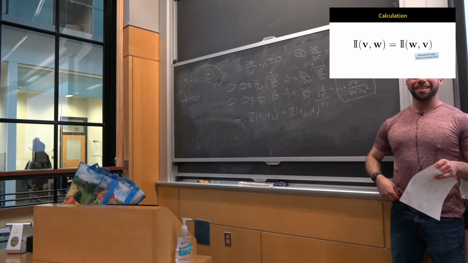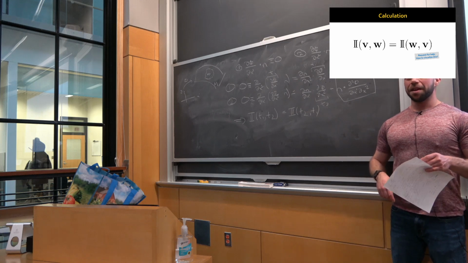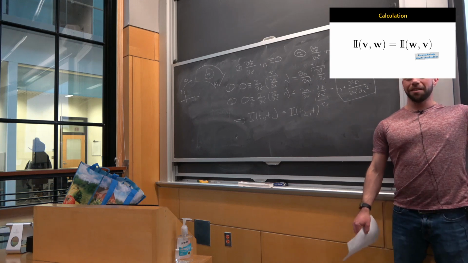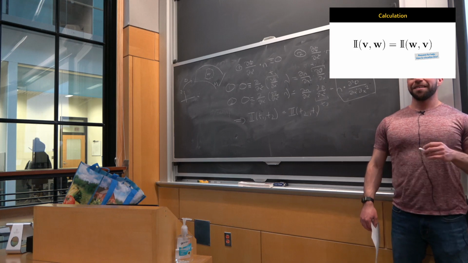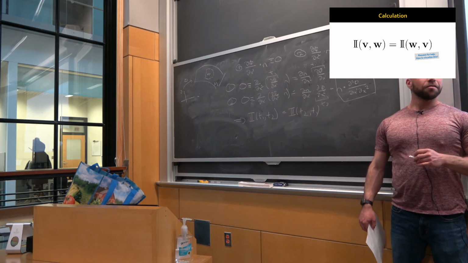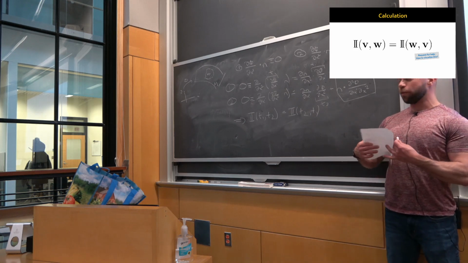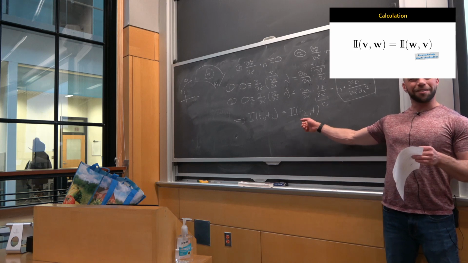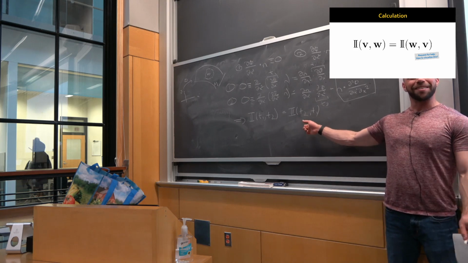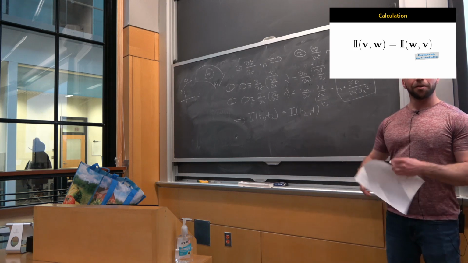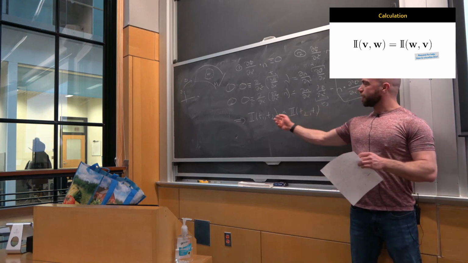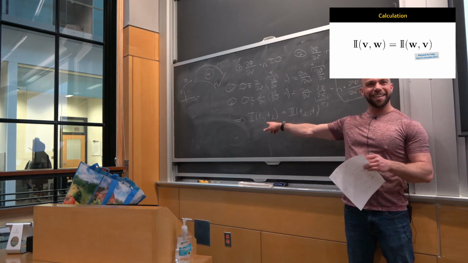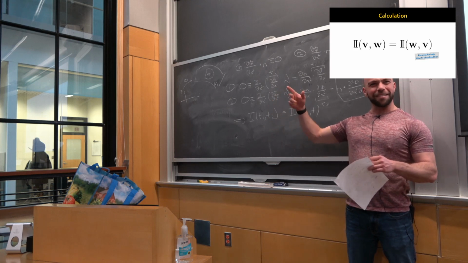I'm being a little sloppy. Am I done? Have I shown what's on the board here? The answer is no. I've shown it for two particular vectors, t1 and t2, but I haven't shown it for any vector. Notice that this is also obviously true if I put in t1 twice, then swapping it doesn't do anything.